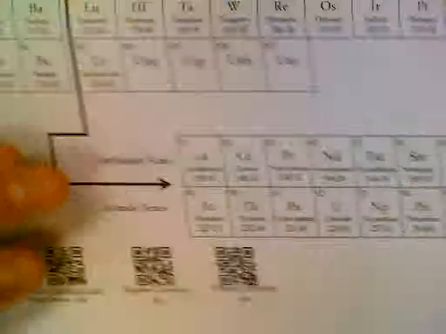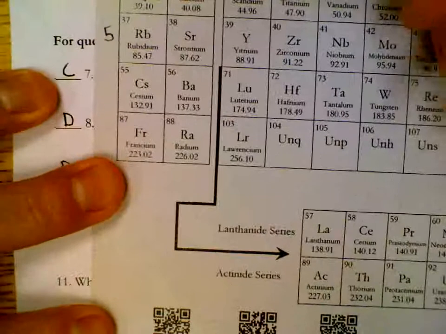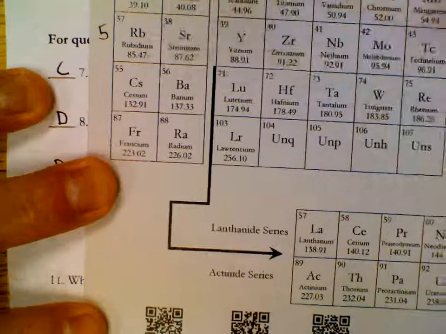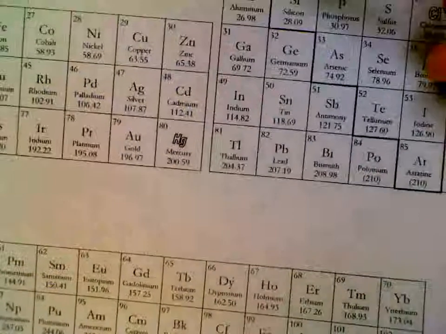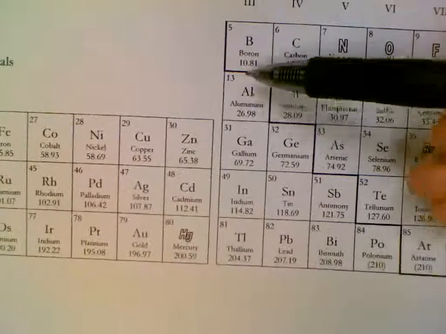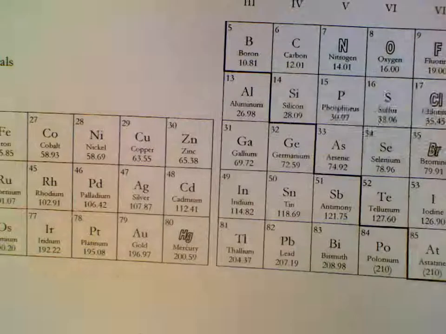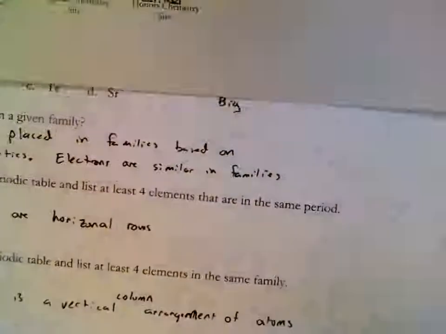So anywhere on our periodic table where we have 4 atoms, lithium, sodium, potassium, rubidium, these are all 4 in the same family. Go over here to group 3, boron, aluminum, gallium, indium. Any group of 4 that are vertically arranged would be acceptable.